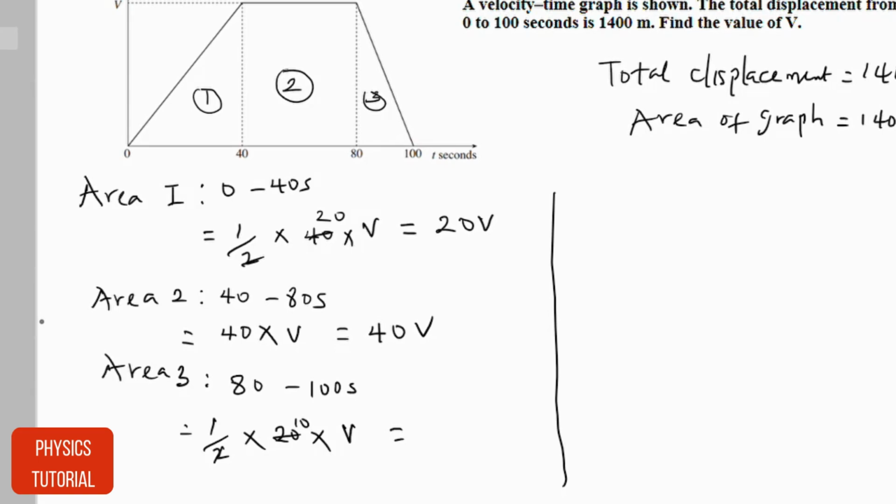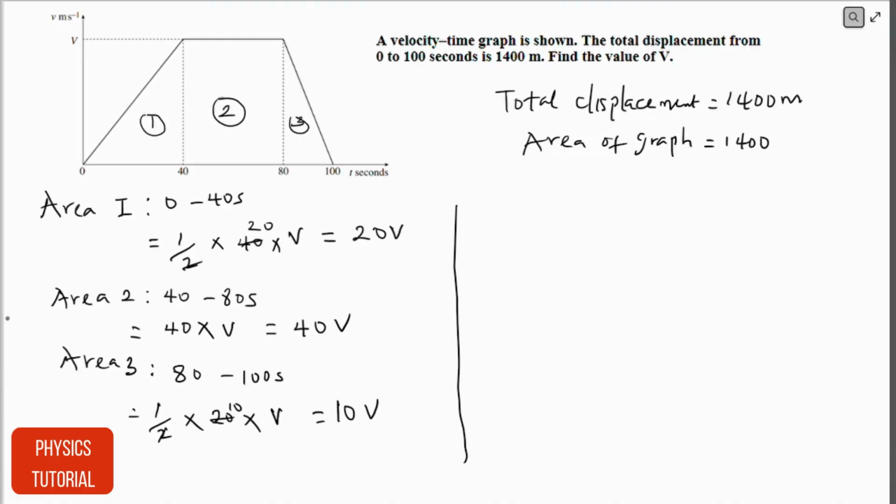So we have 10 times V, which is 10V. So therefore, the total area will give us 20V plus 40V plus 10V. That will give us 70V.